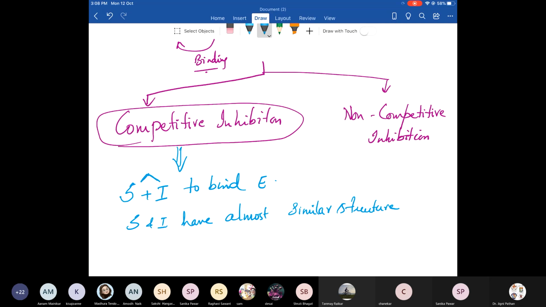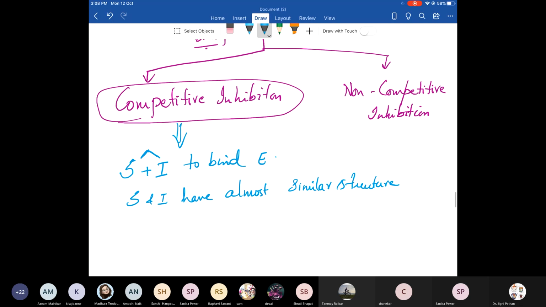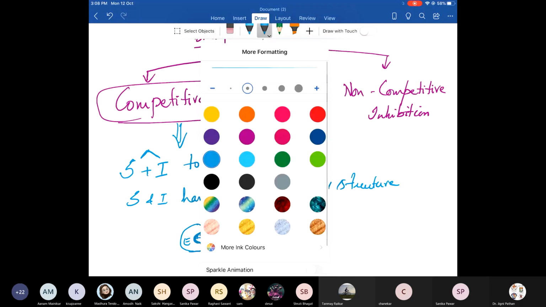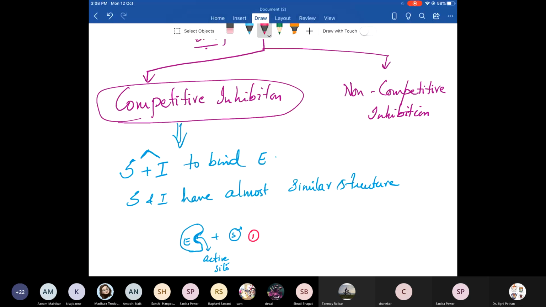So when you have similar structure and there is one seat, for example, you have an enzyme. This enzyme has a structure like this. This is an active site. This is the substrate. And also you have an inhibitor which is the same. So don't you think they both will compete to bind to this site?